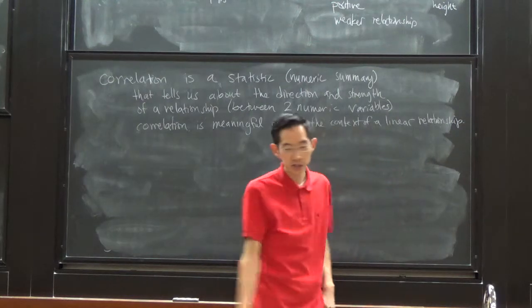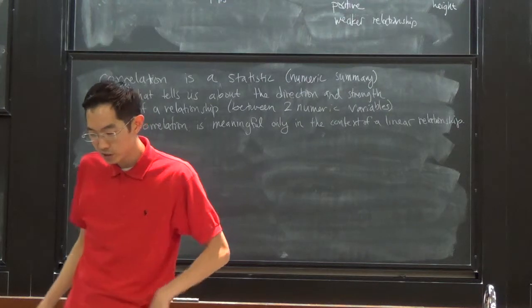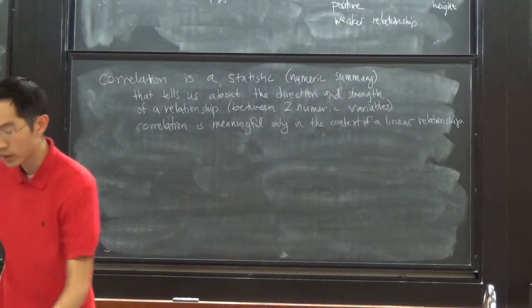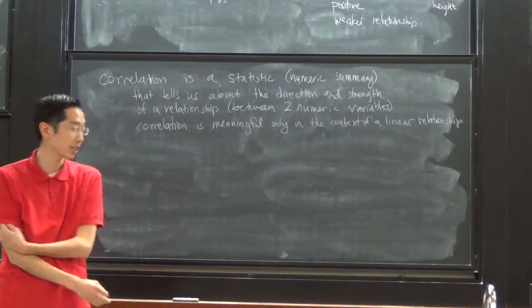You find correlation with a formula, and correlation exists for any two numeric variables.